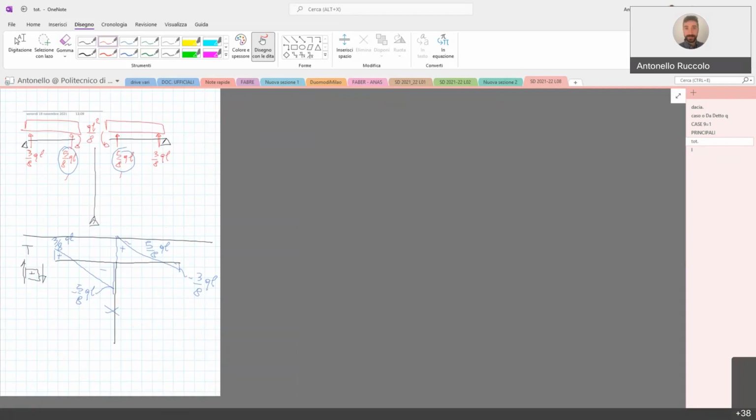So the node transfers also these two forces to the other beam. So here we have 5/4 QL, because it is the sum of the first two ones. And it is easy to find. I will explicit it in the new page.